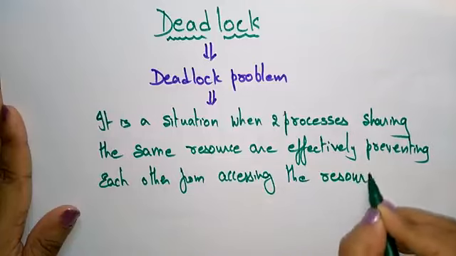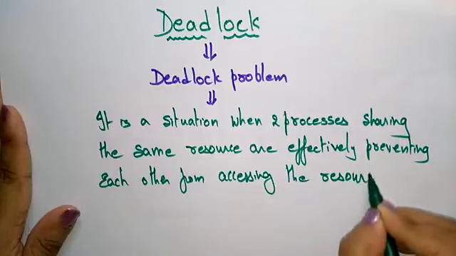Let us take one simple example. P1 is a process and P2 is a process. These are the two processes, and here R1 is a resource and R2 is another resource. Now P1 is accessing R1; R1 resource is already allocated to P1.